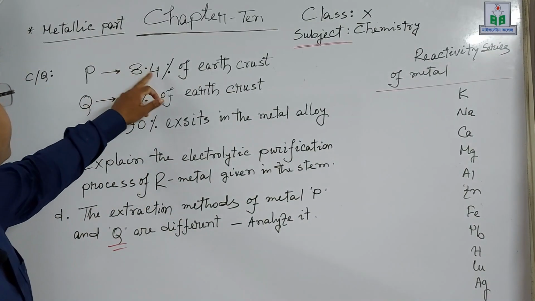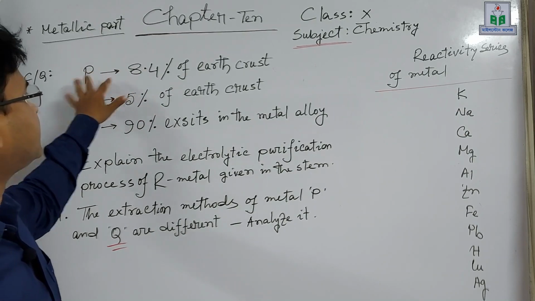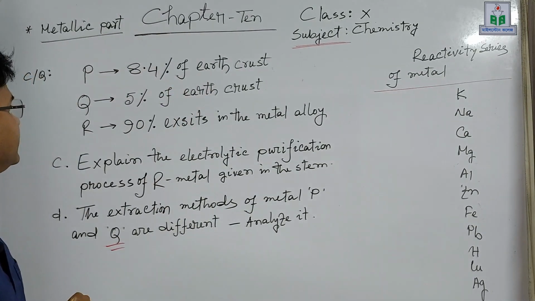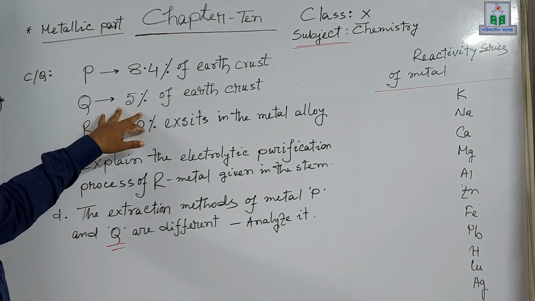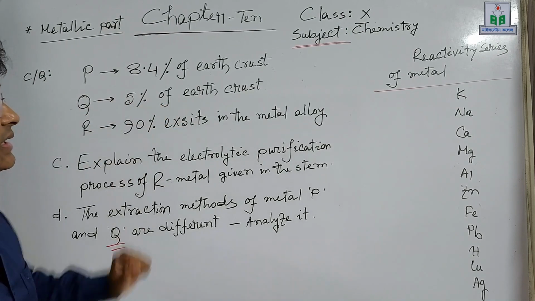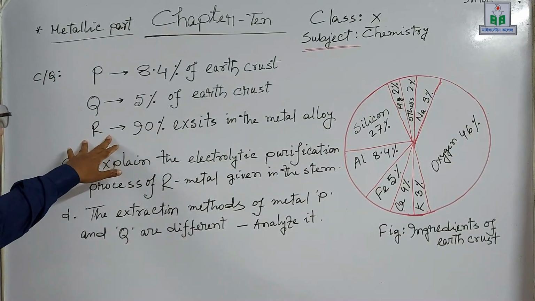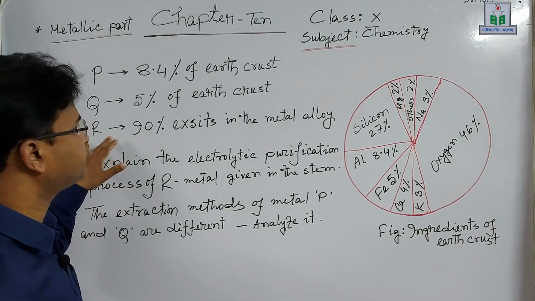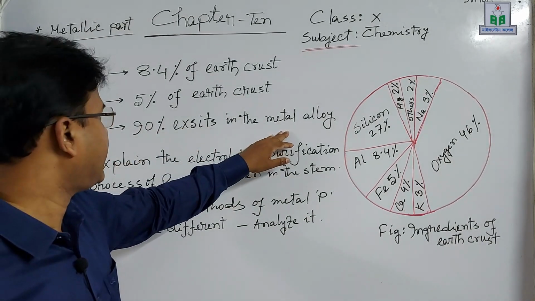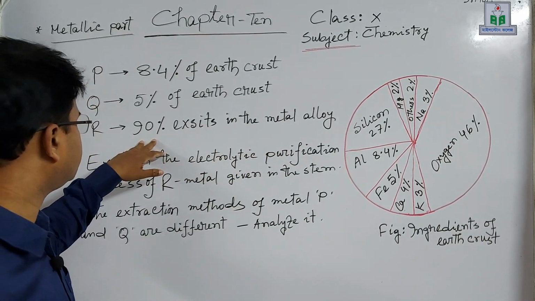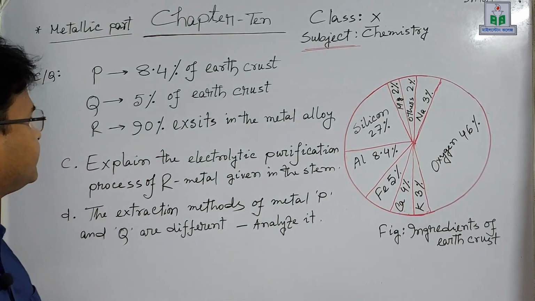There is 8.4% P metal in the earth crust and 5% Q metal in the earth crust, and R metal exists in the metallic alloy at 90% in amount.